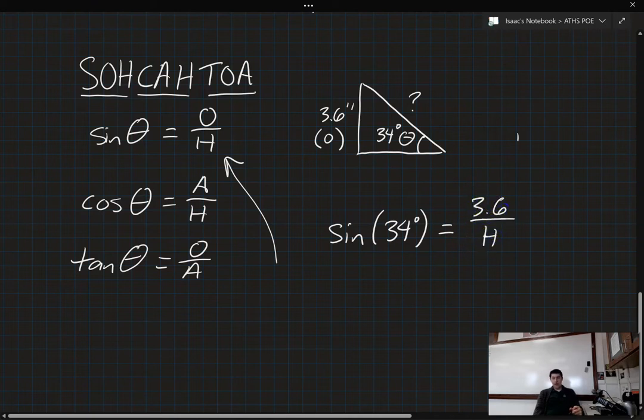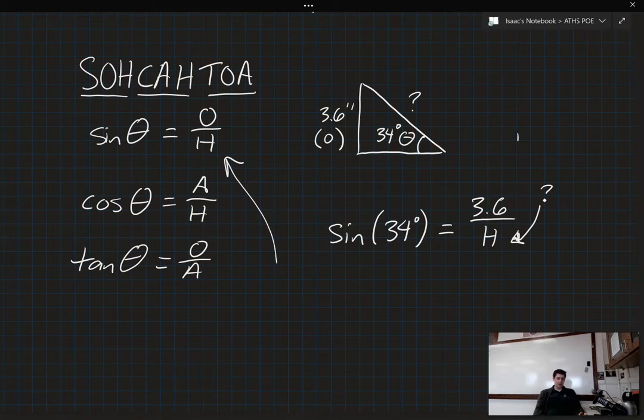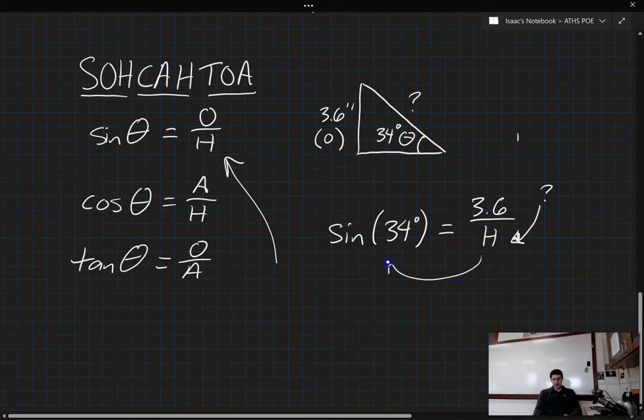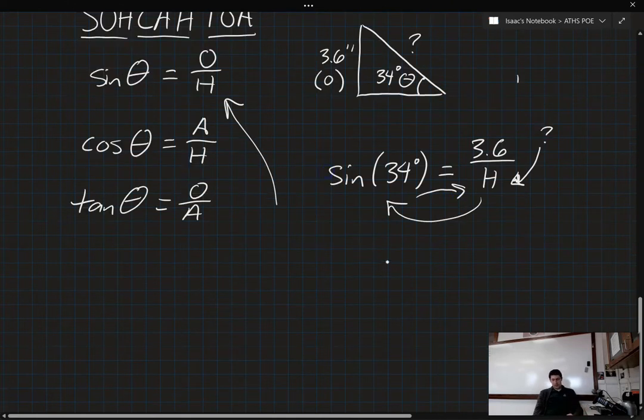I'll just write h. H is my unknown. In order to get h by itself, I'm going to use Mr. Adams's patent-pending lazy method of take the thing that's in the denominator and switch it with the thing that's on the other side. And if we do that, we get h is equal to 3.6 divided by the sine of 34 degrees.